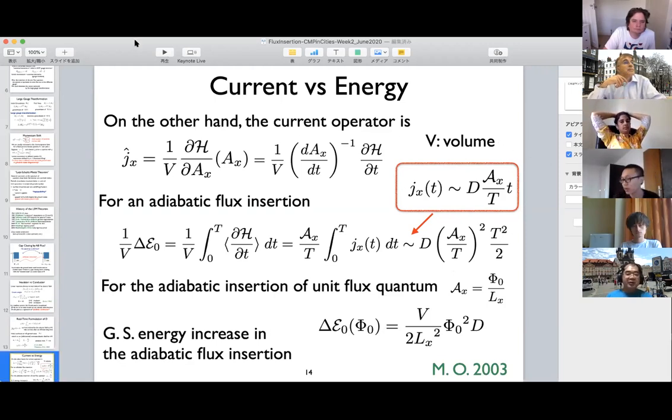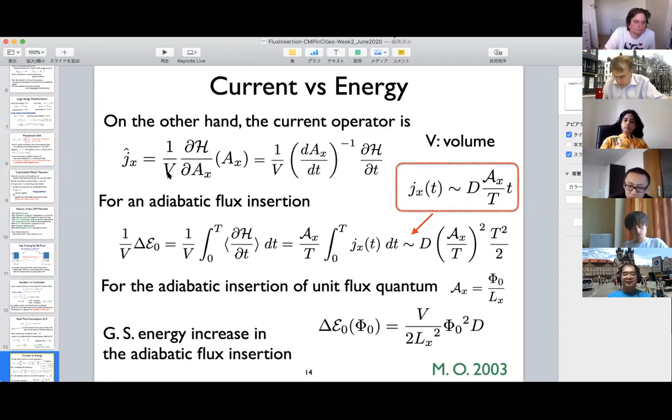Okay, so the point is that we have a current density operator, but as you know, the current density operator you can obtain by differentiating the Hamiltonian by the vector potential. Then you get a current operator. So for the current density, you differentiate the Hamiltonian by the vector potential, then divide by the volume of the system.